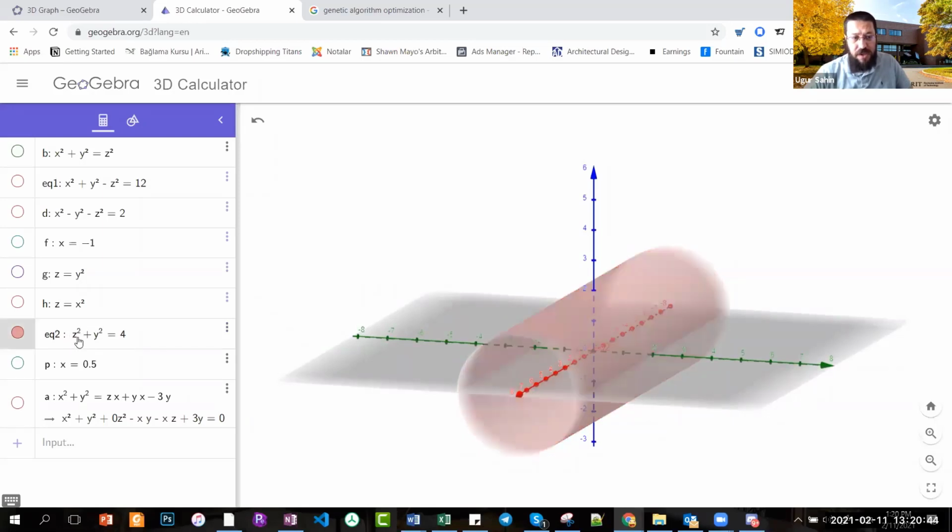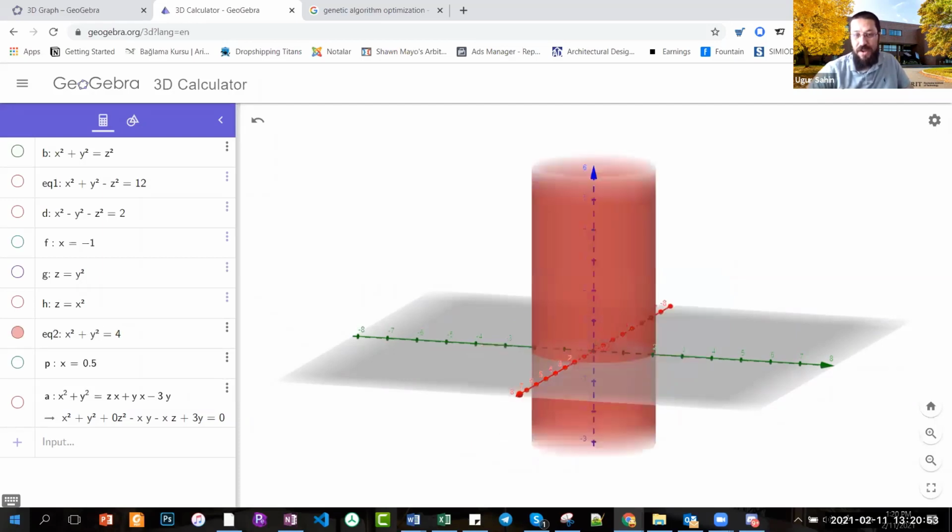I can change z to x, and this time this is going to be a cylinder. All right. If you see the trace, we call it the trace.